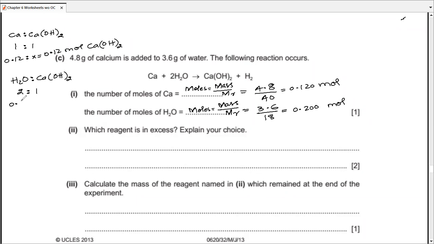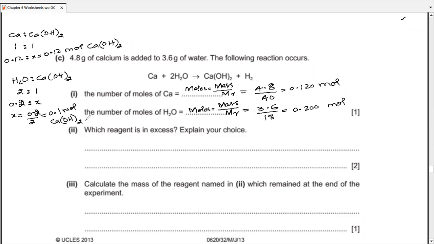And since you used 0.2, the X would be equal to 0.2 divided by 2, the answer to which is 0.1 mole Ca(OH)2.